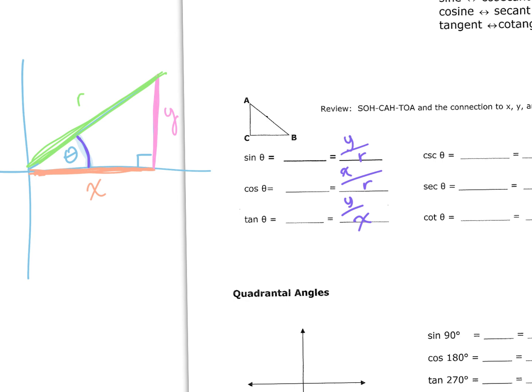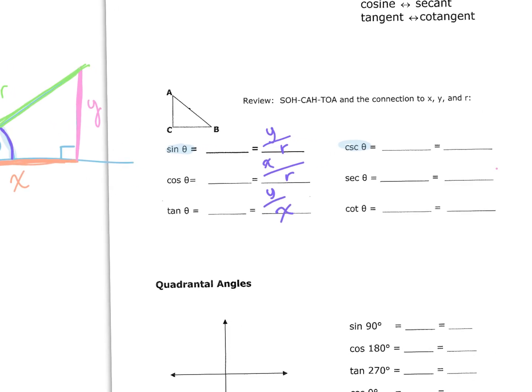The beauty of memorizing the reciprocals is that you can always go back to that reciprocal, okay? In other words, for me, what I have memorized is the fact that I know cosecant is the reciprocal of sine. If I know what the sine ratio is, then all I have to do for the cosecant is flip it. If you want to take the time to memorize the cosecant as r over y, you can do that.